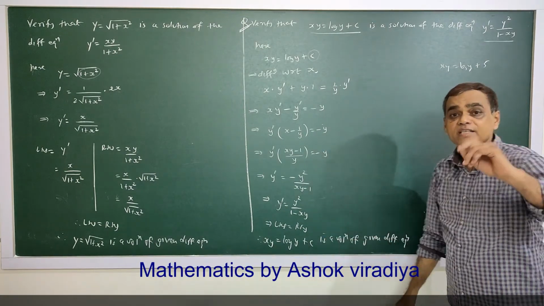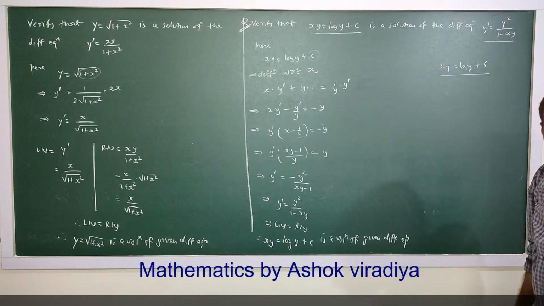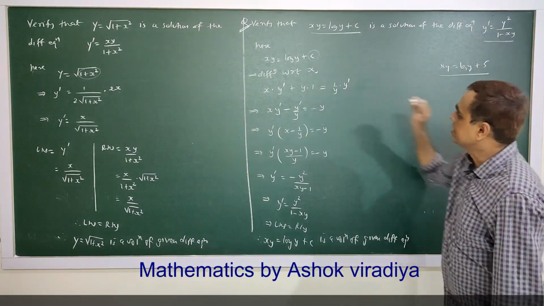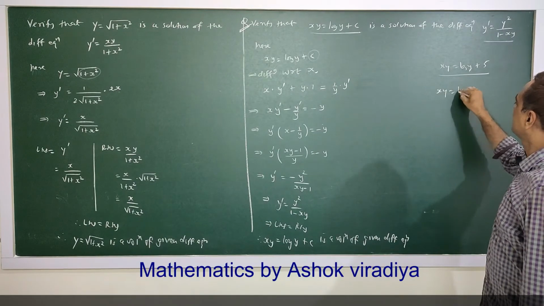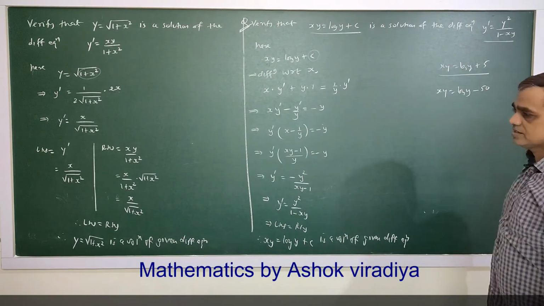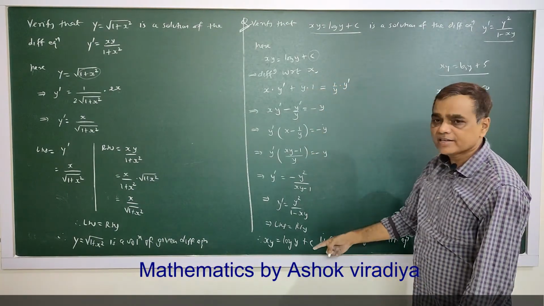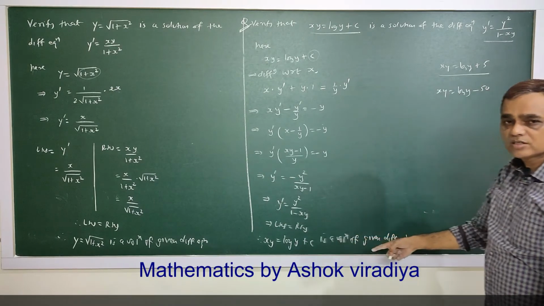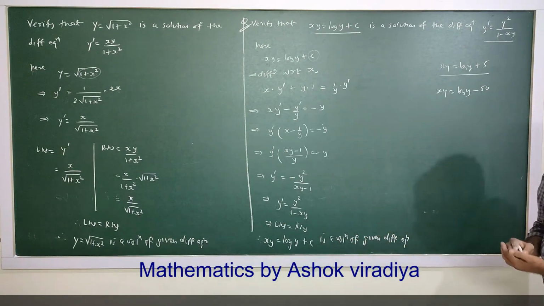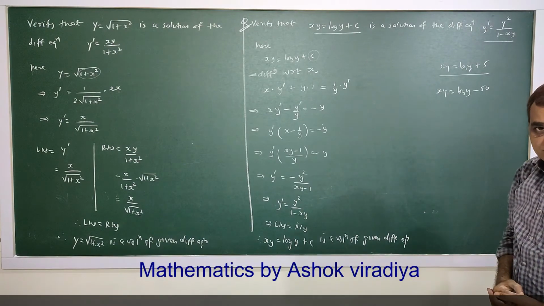So we can say this is also a solution of this differential equation. In place of c, if I keep minus 5 or minus 50, then every step will remain the same in this calculation. You will get the same expression. So this is also a solution of this differential equation.